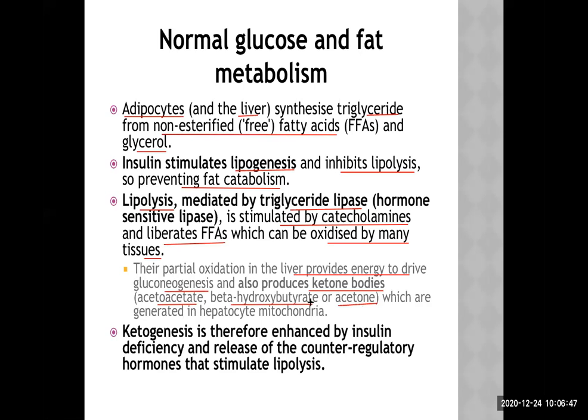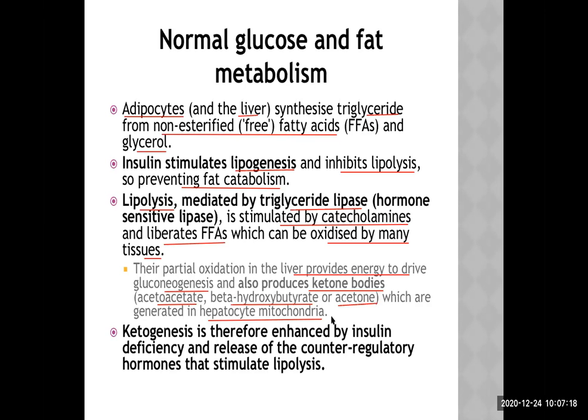Small important point here. Acetoacetate is excreted in the urine, and acetone is a gas. It is mainly exhaled outside from our lung. So these are interchangeable substances. They can convert from one to other, and are generated in hepatocyte mitochondria. So liver is the site where ketone bodies are synthesized. And what is the source of these ketone bodies? What is the parent substance? That is free fatty acid.